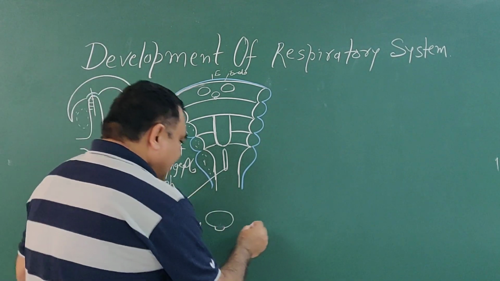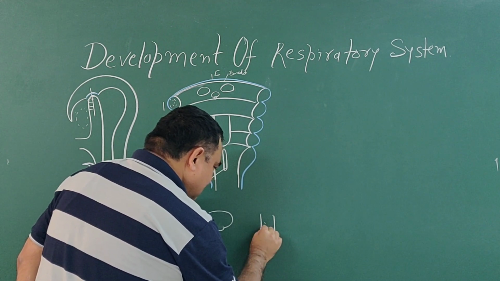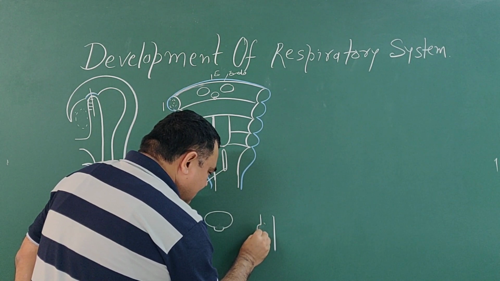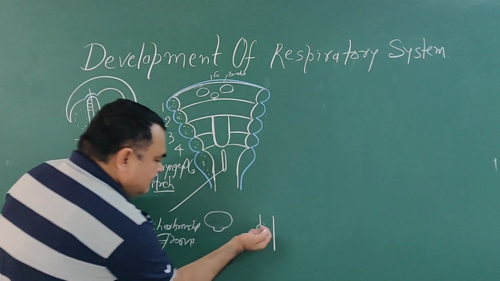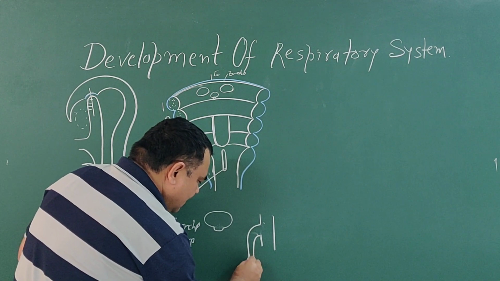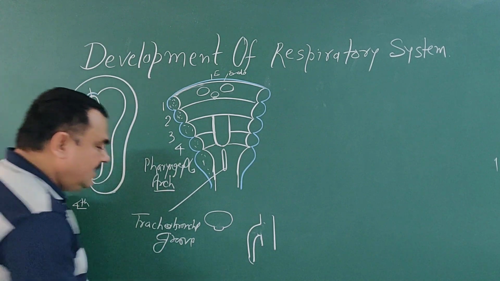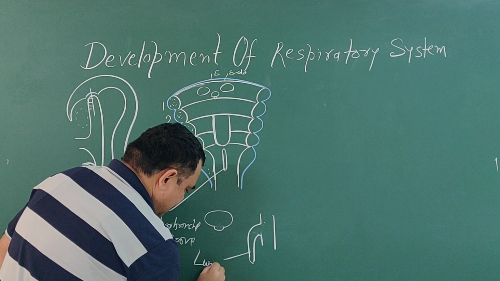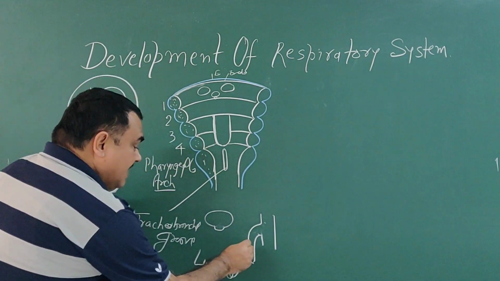If you see the lateral side position, initially it is like this, and the groove is formed here, like this. Gradually this groove descends downward and forms the lung bud, or respiratory diverticulum.